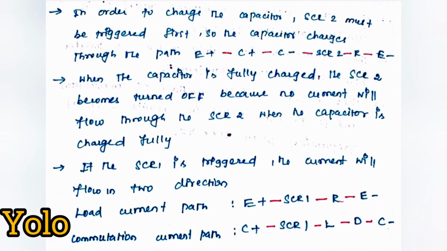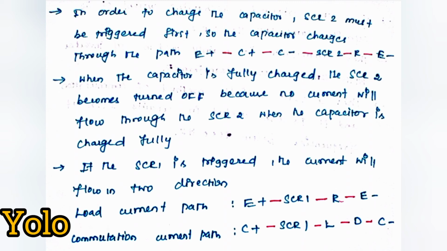In order to charge the capacitor, SCR2 must be triggered first. So, the capacitor charges through the path E plus to C plus to C minus to SCR2 to E minus.